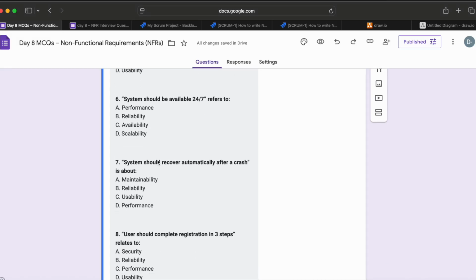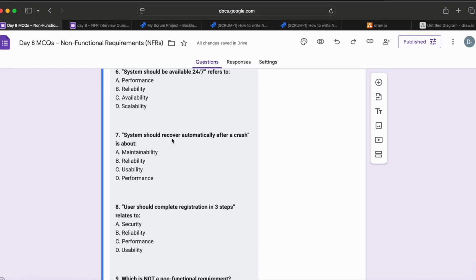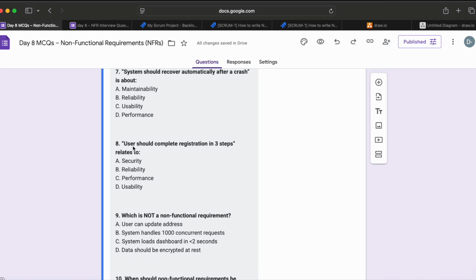So question number 7, system should recover automatically after a crash is about reliability. So reliability ensures the system behaves correctly under failure or stress. Question number 8, user should complete registration in 3 steps relates to usability, right?